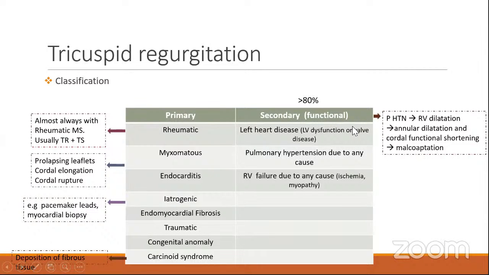The cause of this is pulmonary hypertension. The RV will dilate, so the annulus will dilate and cause chordal tethering, thus at the end causing malcoaptation. Causes include left heart disease, where there is LV dysfunction or valve disease, pulmonary hypertension due to any other cause, or lastly, RV failure due to any cause like ischemia or myopathy.